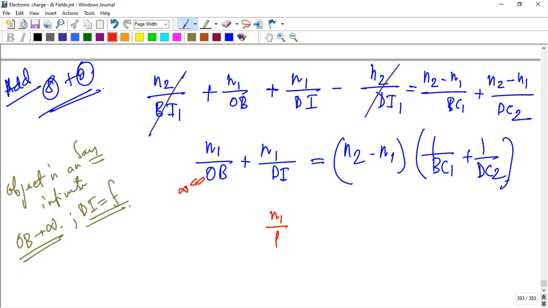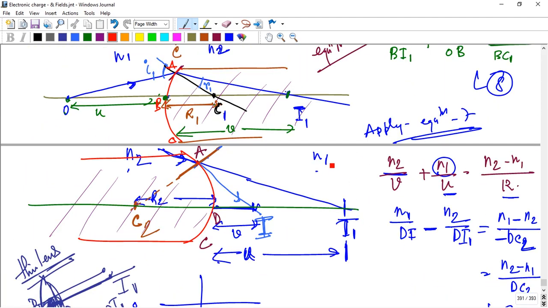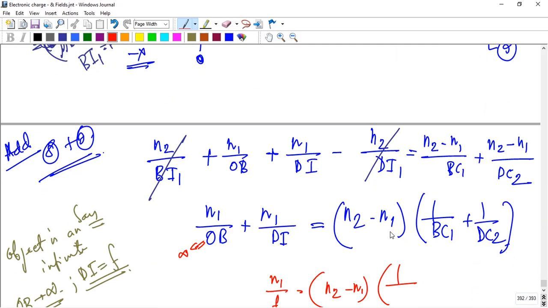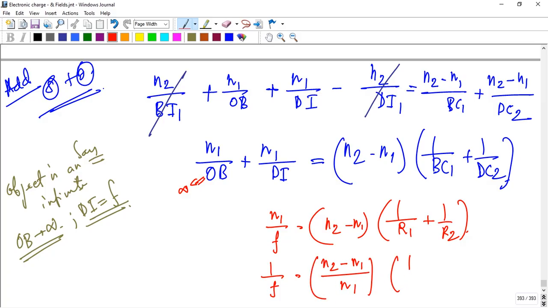In the final expression you get N1 by F equals N2 minus N1 times 1 by BC1 plus 1 by DC2. BC1 means R1 and DC2 is R2. So 1 by R1 plus 1 by R2. Now 1 by F equals N2 minus N1 by N1, times 1 by R1 plus 1 by R2.